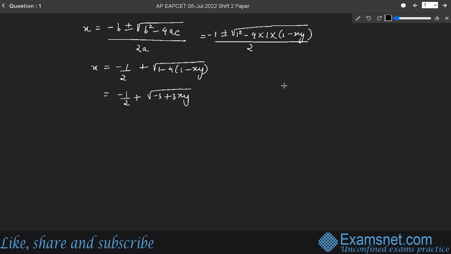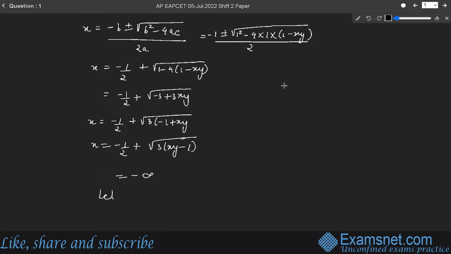On further simplification, x will be equal to minus 1 by 2 plus under root 3 minus 1 plus xy. We can also write it as minus 1 by 2 plus under root of 3xy minus 1, which is equal to minus infinity.